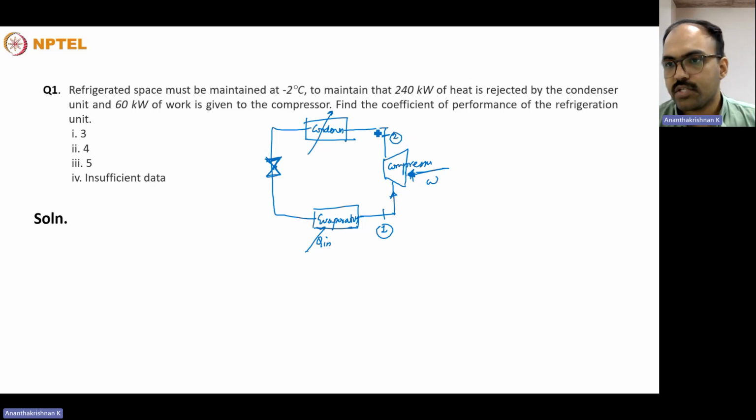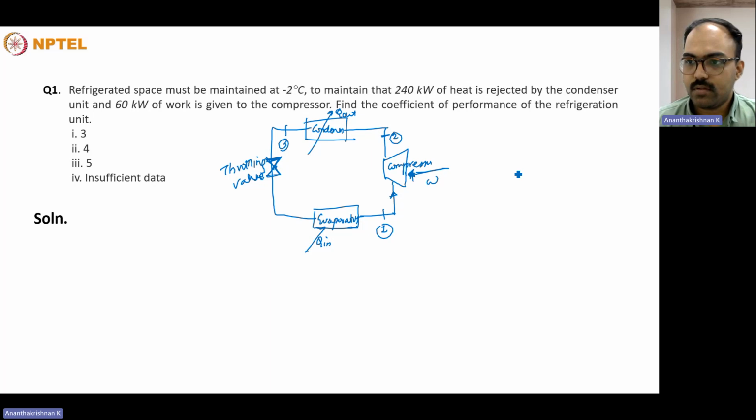There will be a constant pressure heat rejection in the condenser where the vapor rejects heat to the ambient and becomes a liquid, but it still will be at high pressure. So in order to bring it back to a low pressure, low temperature zone, we use a throttling valve or a capillary tube or an expansion valve, which is an isenthalpic process where, depending upon the refrigerant's Joule's coefficient, it will reduce the temperature and the pressure.